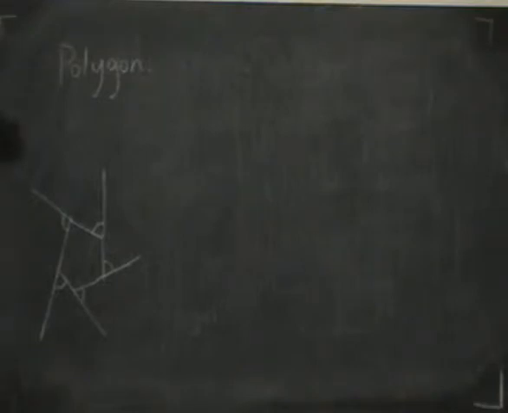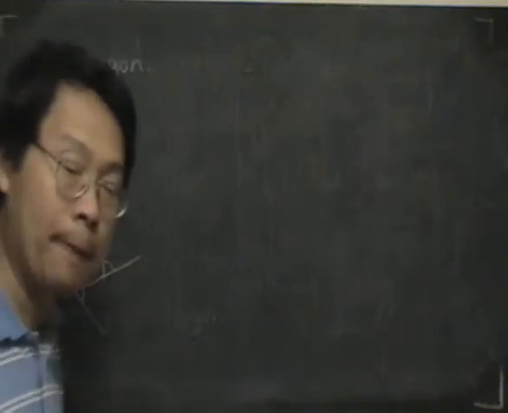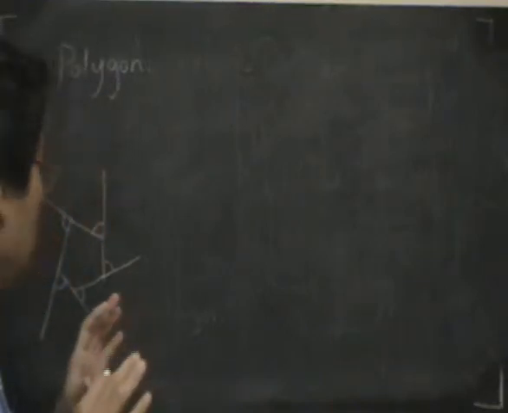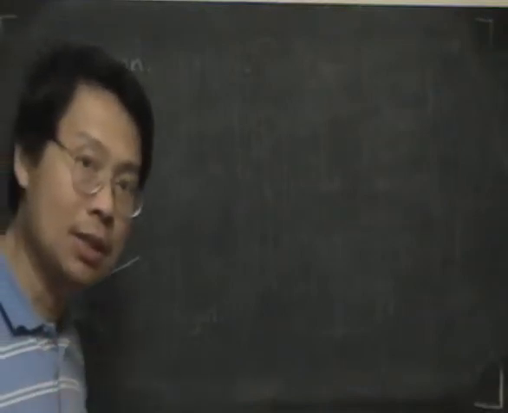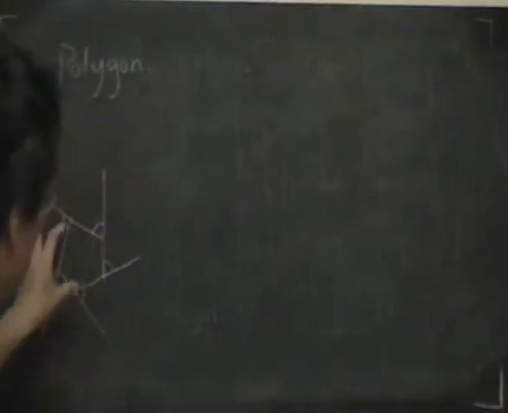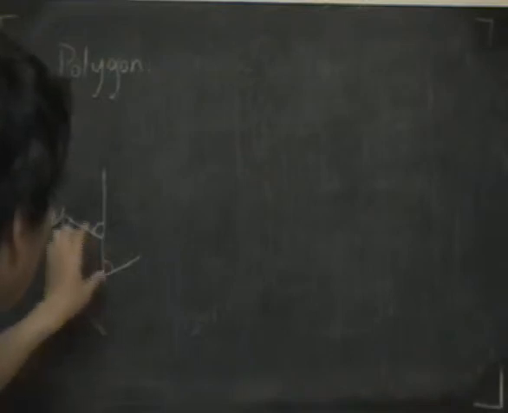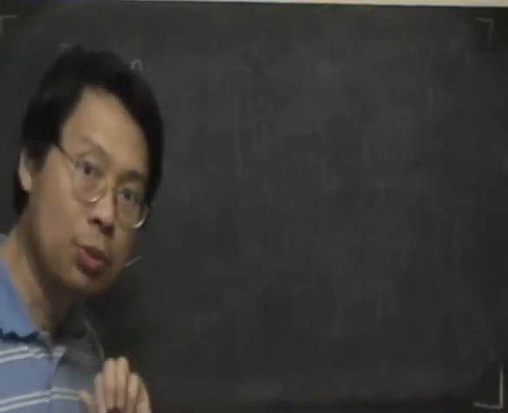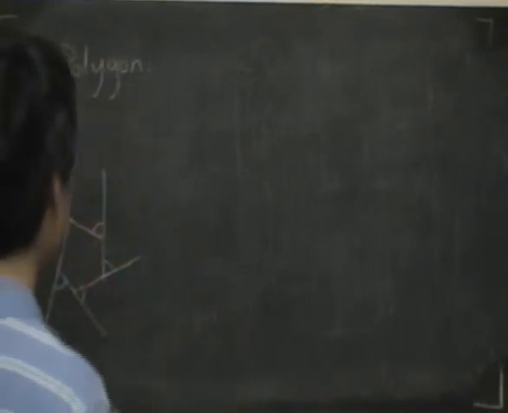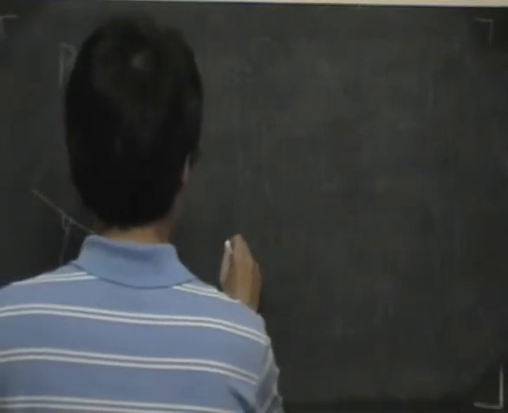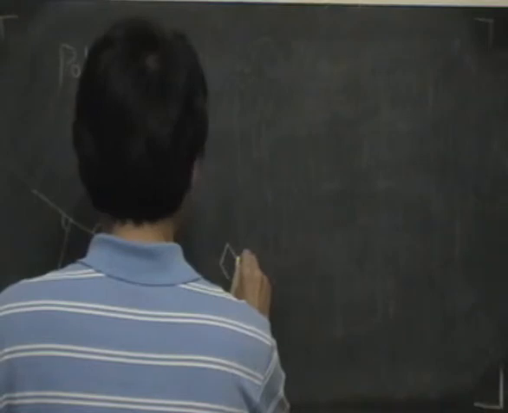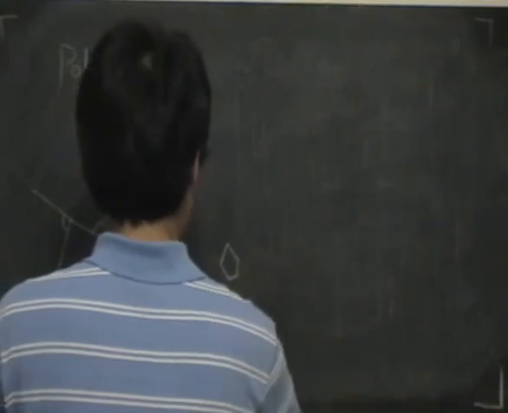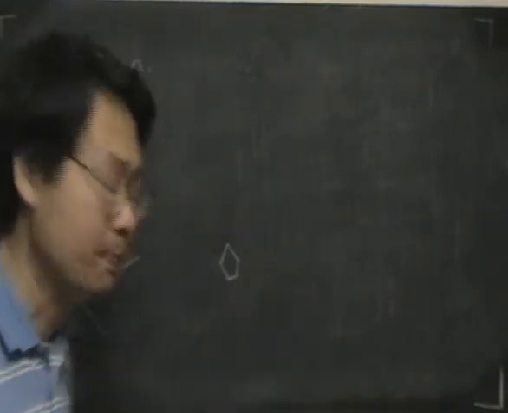Okay, to see how to do it, I'm going to draw this figure again in a slightly different way. I'm going to make the pentagon a bit smaller. Okay, I have a smaller pentagon.